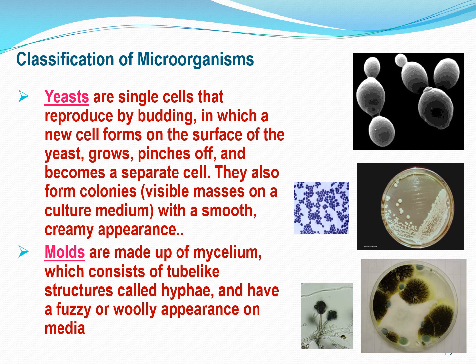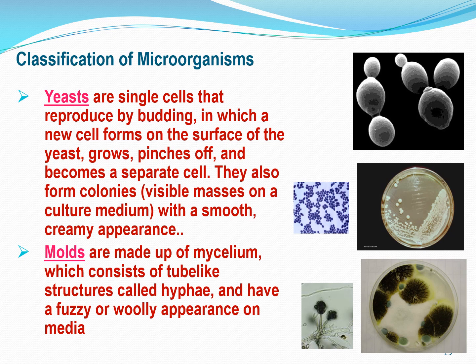They also form colonies, visible masses on the culture media that you'll see also on some of the pictures over to the right-hand side, and they have a really smooth, creamy appearance. If you notice the yeast growing on the culture media in the center picture over to the right, you can tell it kind of has that really smooth, creamy appearance.